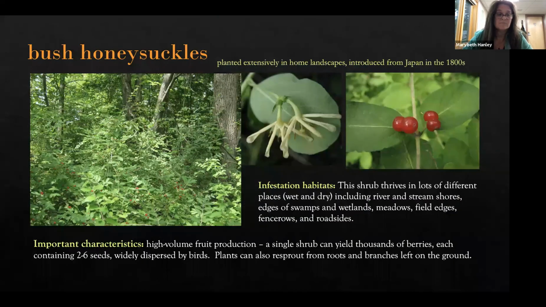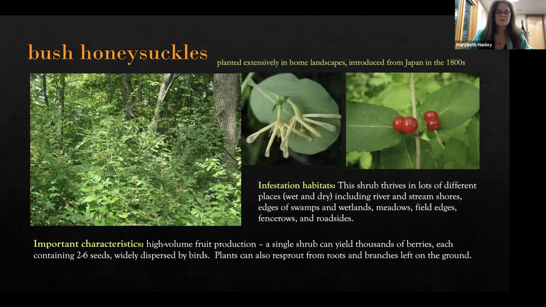Another very aggressive woody species in the Finger Lakes is the bush honeysuckles. This is a picture of an invasion in the forest, the berries, the flowers. This can be found in a lot of different places.